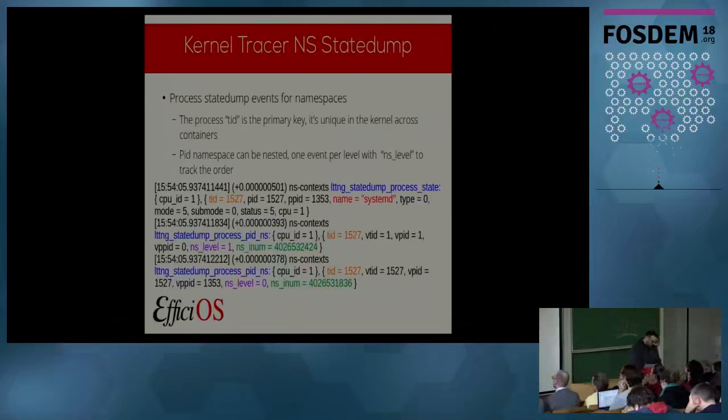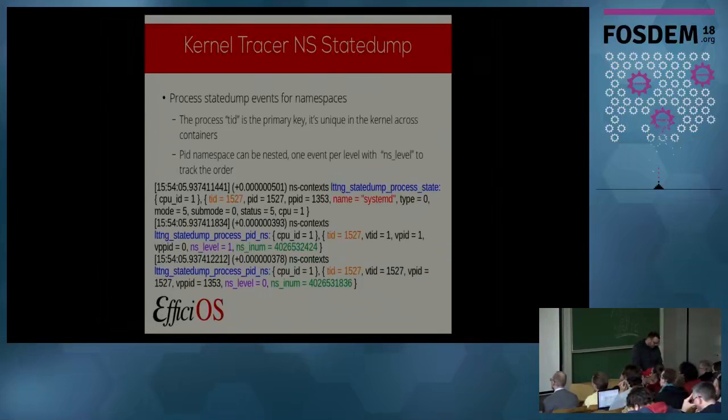And then the state dump. This state dump gives us the initial state about each process running inside containers. For example, here we have the systemd process, and we can see that its TID is 1527 in the kernel.